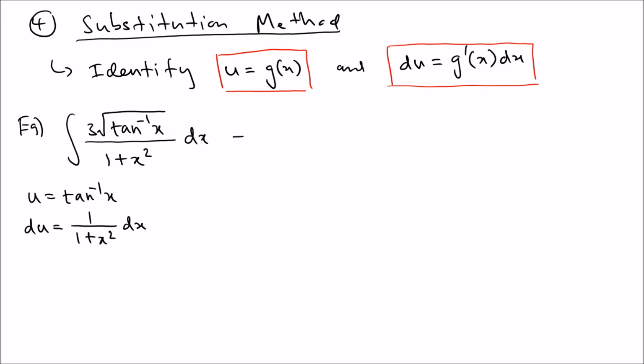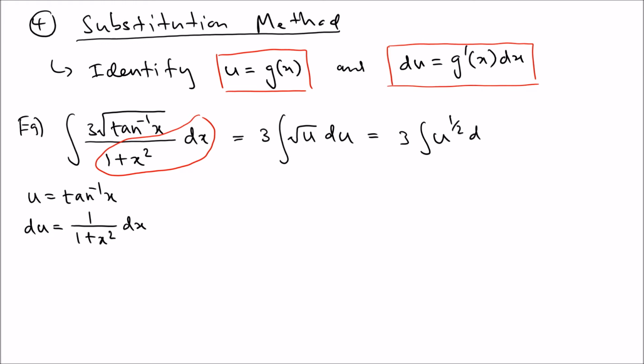So now we can use the new variable to rewrite the problem. We're going to take 3 out. Tan inverse x is u, so that means it's going to be the square root of u. And then you can see that dx over 1 plus x squared is exactly equal to du. So if you want to rewrite it, this is 3 u to the 1 half du, and then you can simply take the integral now.